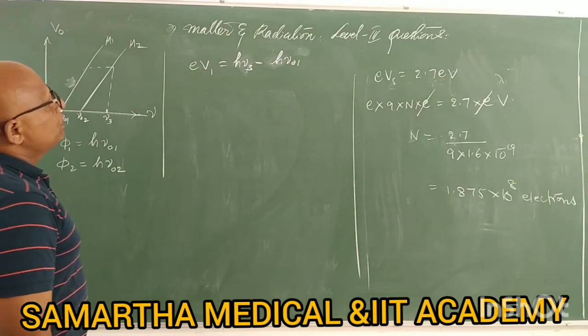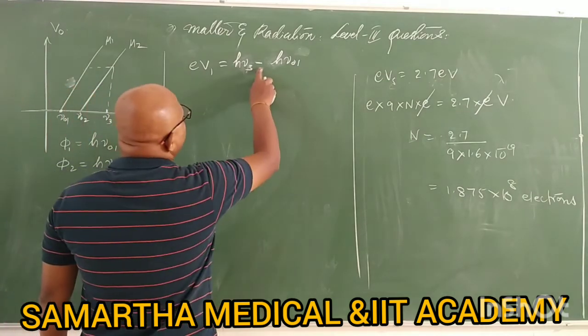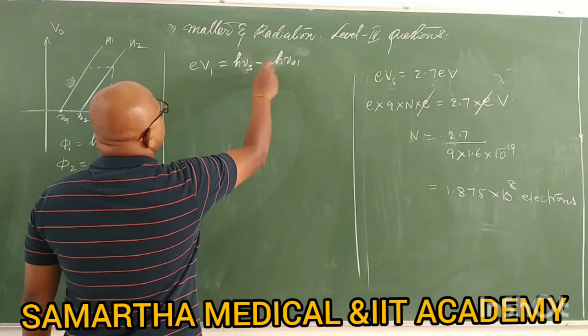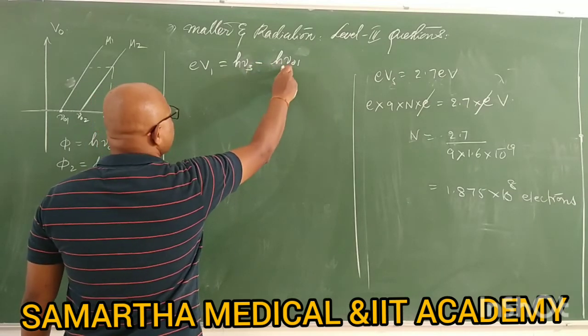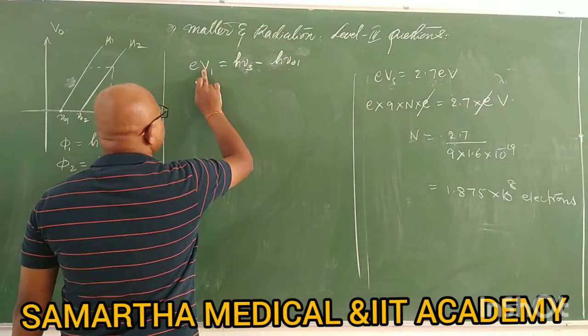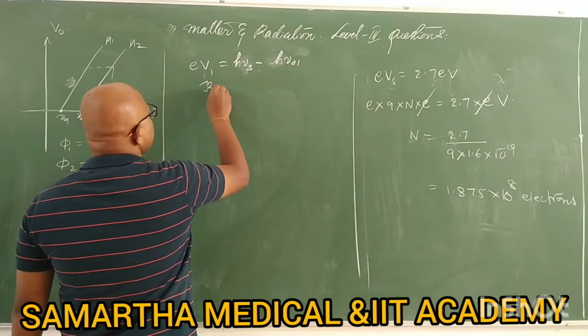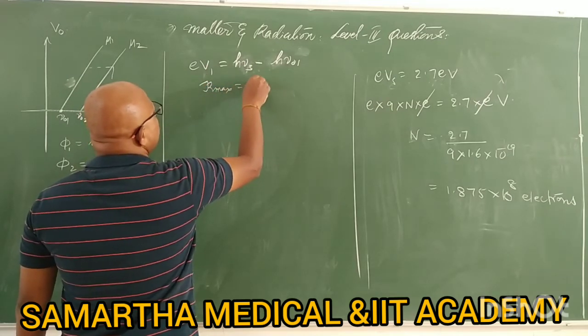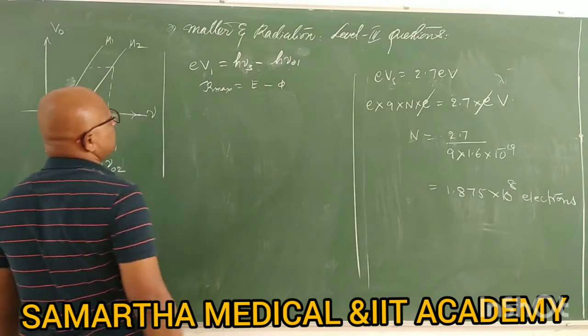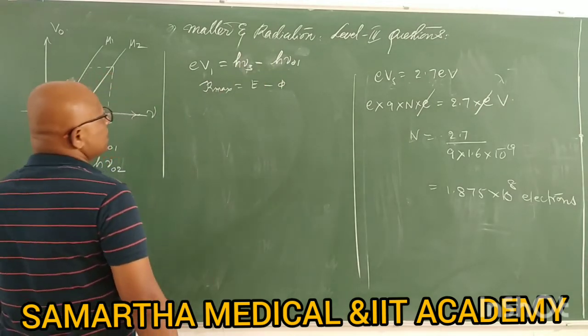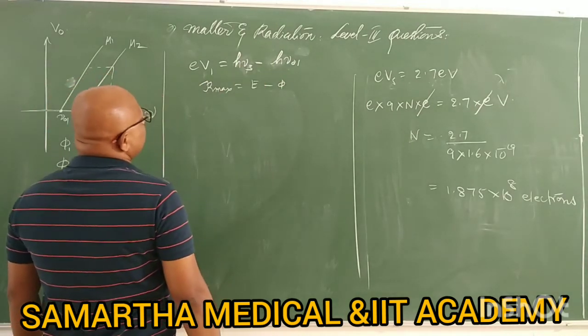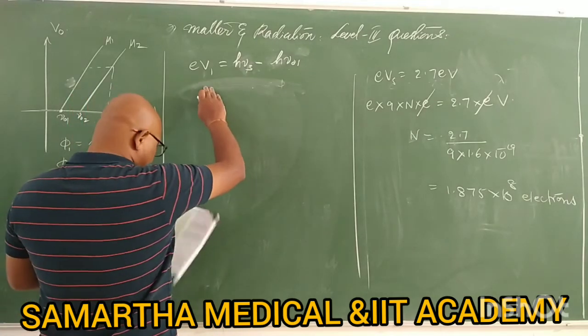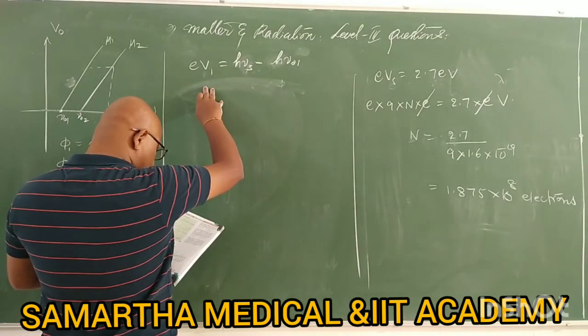So EV1 is equal to h nu 3 minus h nu naught 1, that is work function. K max is equal to energy minus phi, that is the equation here.